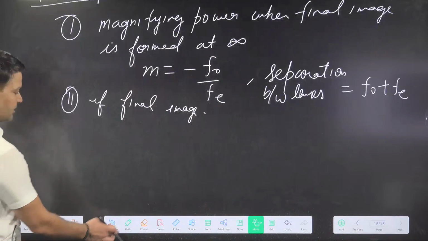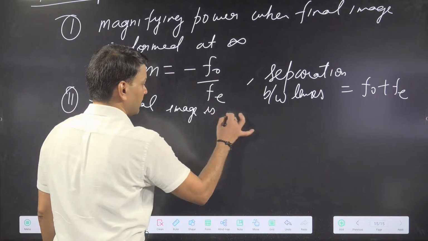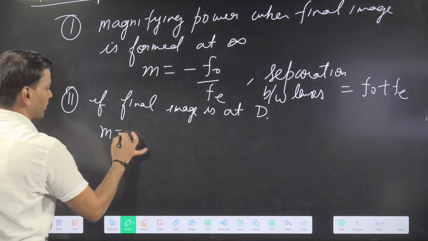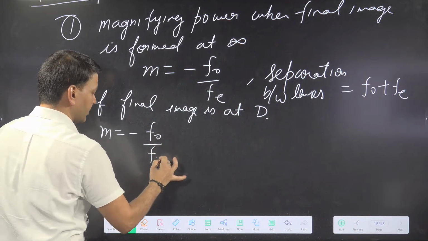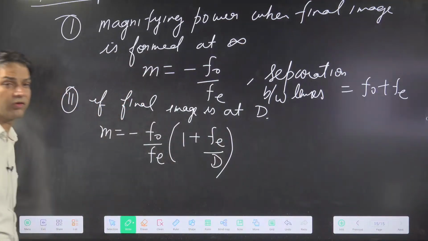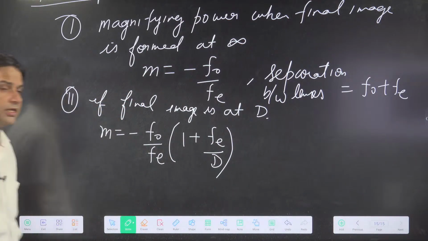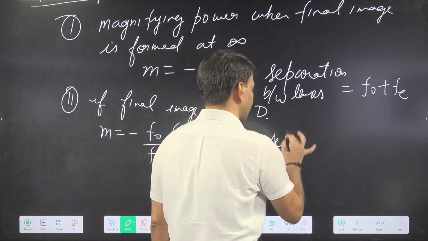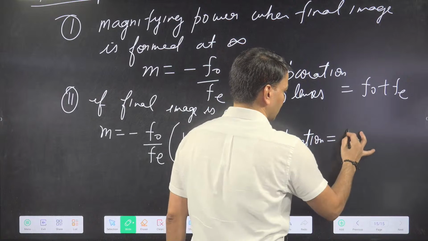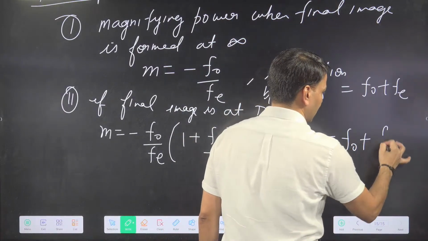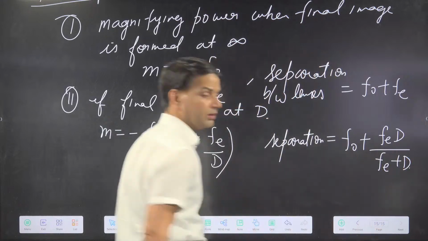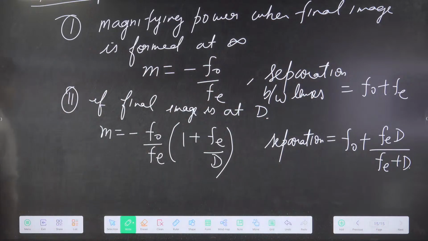So if final image is at capital D, then magnifying power will be minus FO by FE into 1 plus FE by D. That is the magnifying power when the final image is formed at capital D. And separation we will say FO plus FE into D upon FE plus D. That is the separation.